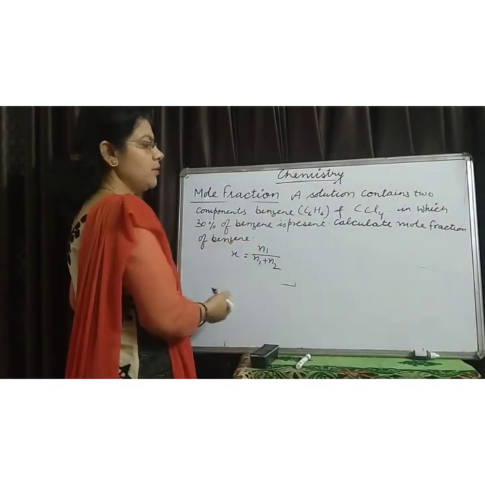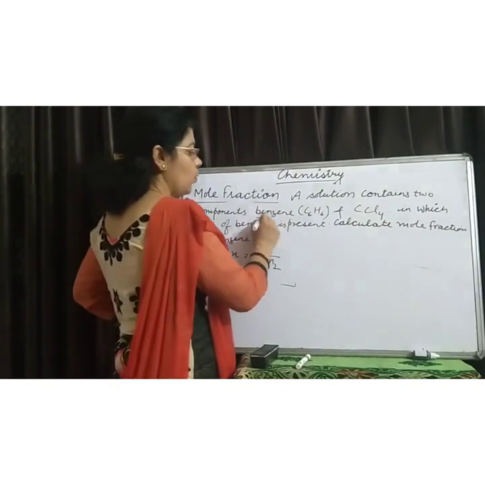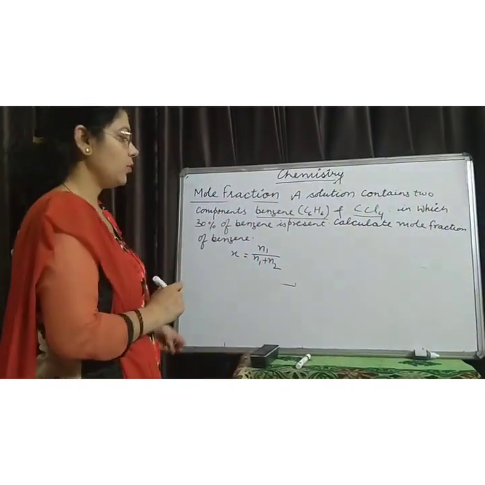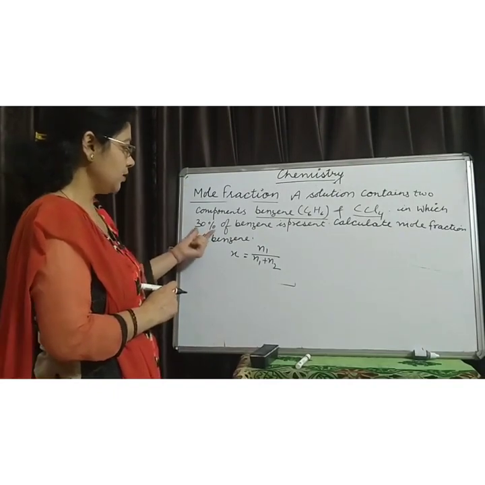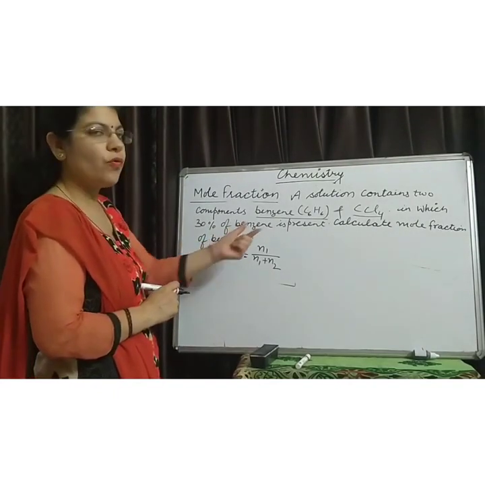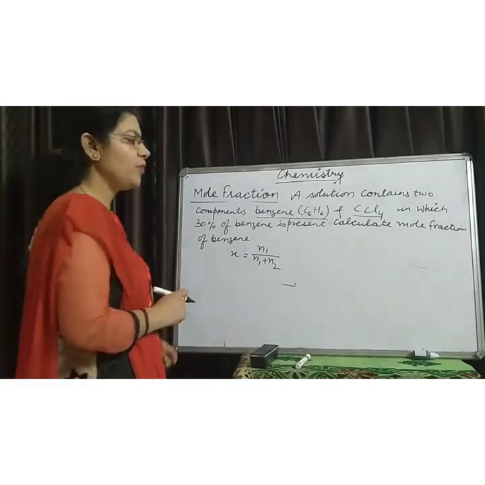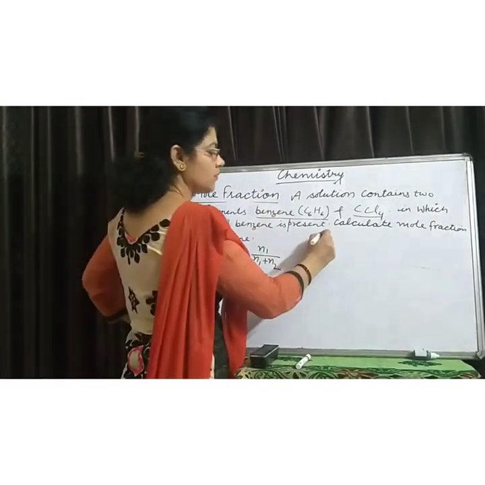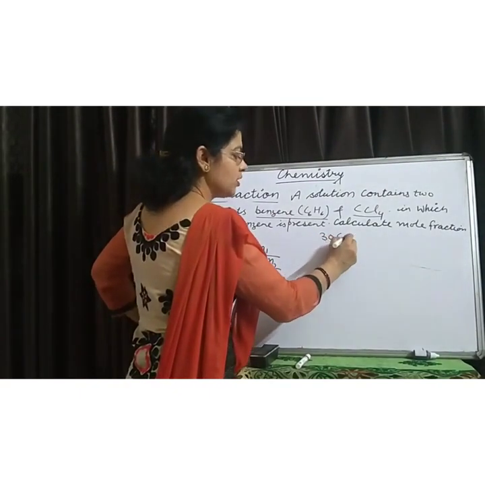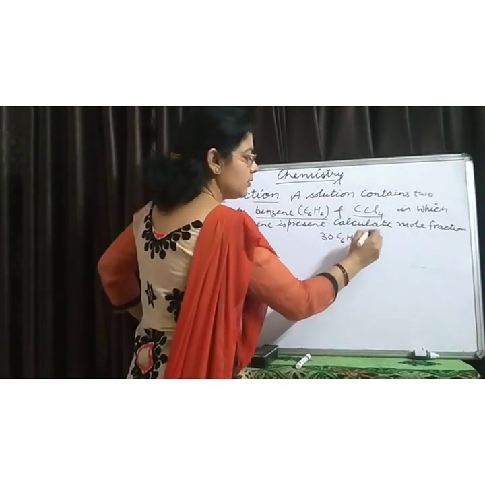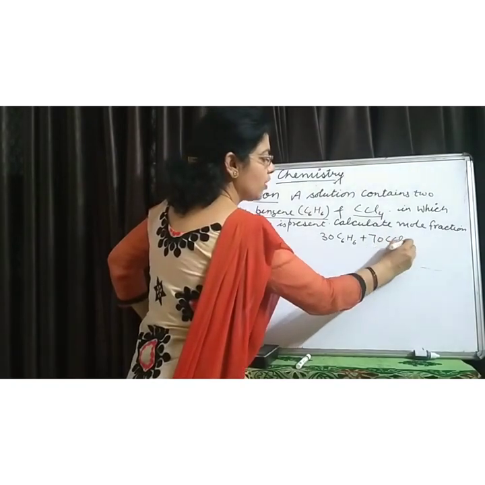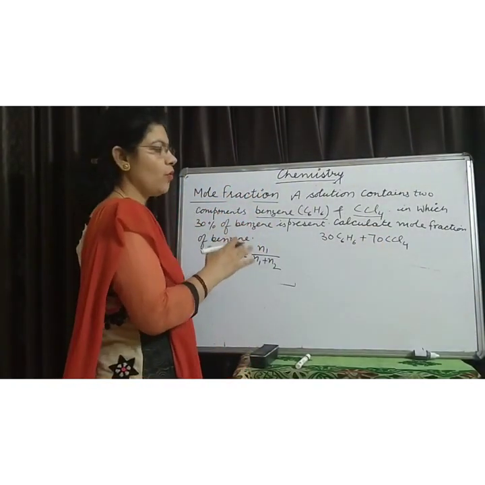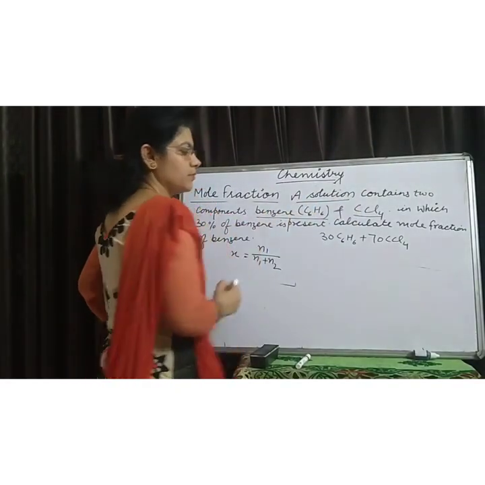In this statement, two components are present: one is benzene and the other is carbon tetrachloride. 30% of benzene means that in this solution 30 parts of benzene and 70 parts of carbon tetrachloride are mixed together to form a solution.